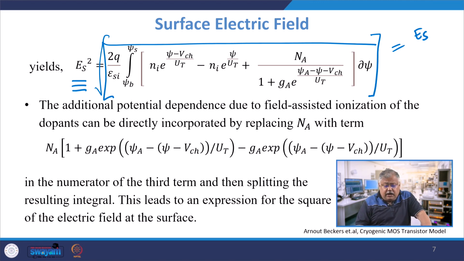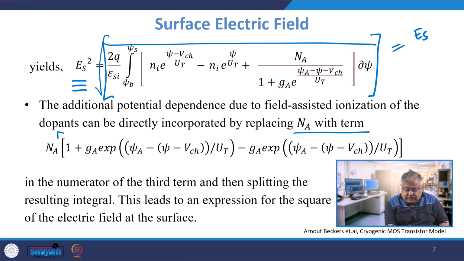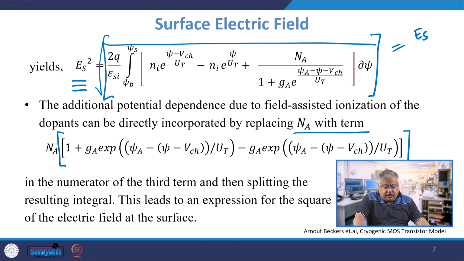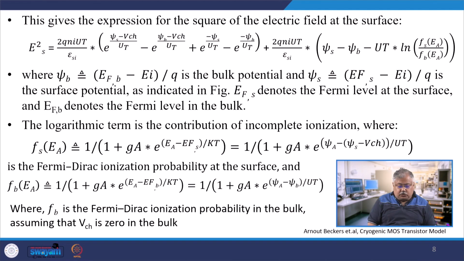Rather than Na, we replace it by a term given by this quantity. I am not going into the details to a larger extent, but this is how semiconductor design takes care of it, where psi is the overall channel, Vch is the potential of the channel, psi a is the potential where the acceptor ions are placed, and so on. Therefore this leads to an electric field with a square term, so I get Es square in this domain.